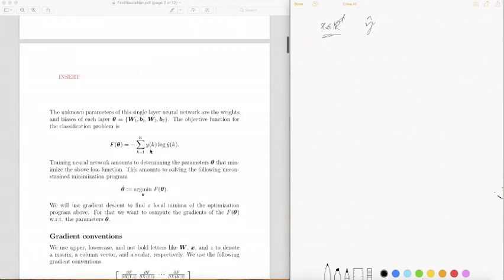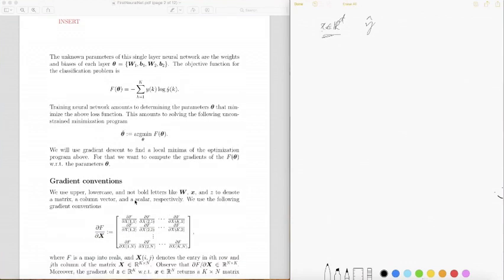Our main method was to minimize this cost function with respect to the parameters theta. The parameters over here are the weights and biases of the neural network, right? That was our main scheme. And the rest of the handout was about how to calculate the gradients of this cost function with respect to the weights and the biases of the neural network.